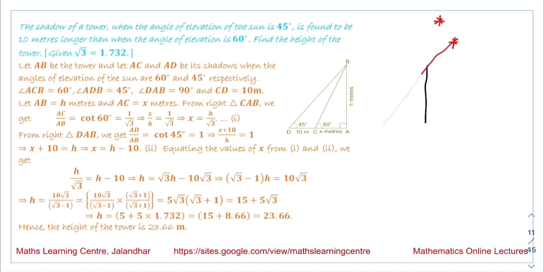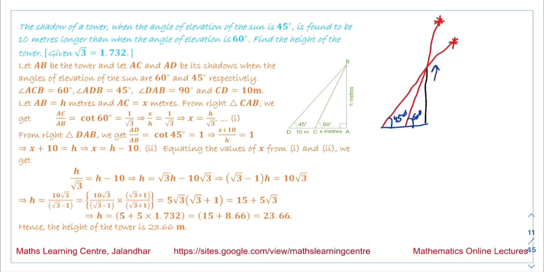When the sun is at this point, it casts the shadow over here, and when the sun is at the other point, it casts a shadow over here. Suppose this angle is 60 degree and this angle is 45 degree.